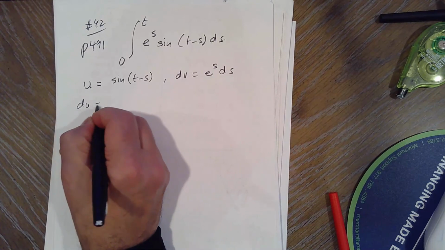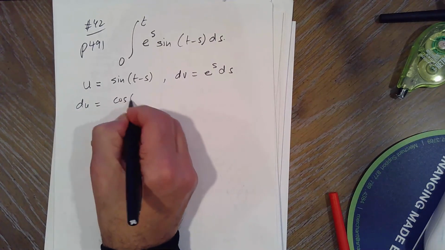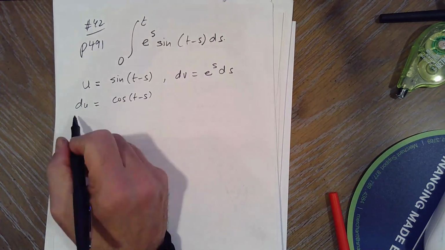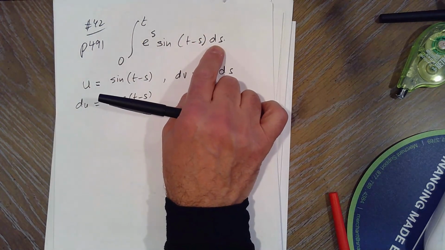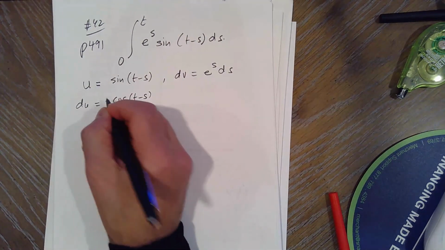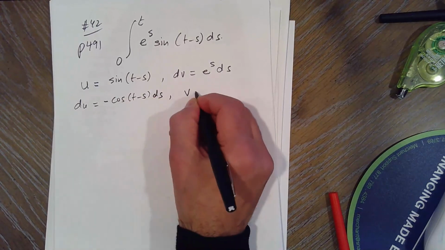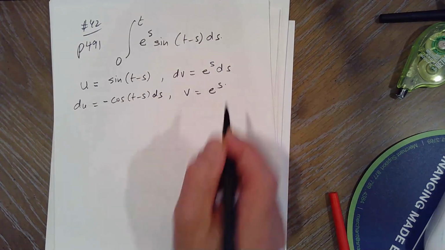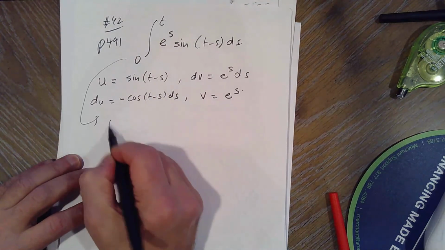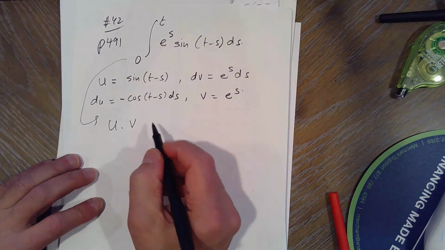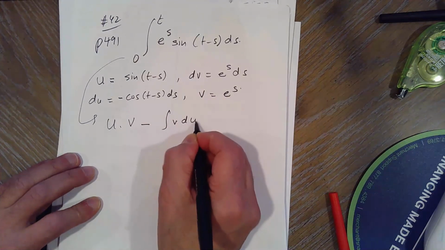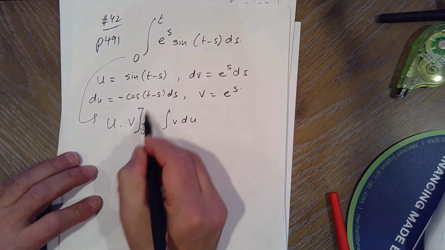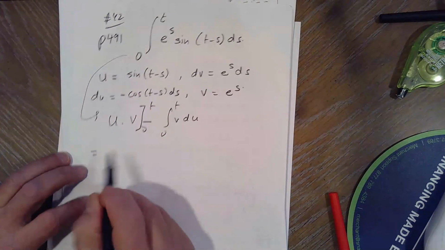So du is going to be cosine of (t minus s). You're doing du by ds, okay? So times the negative ds, and then v is the integral of e to the s ds, which is e to the s. So this is u times v minus the integral of v du between 0 and t.